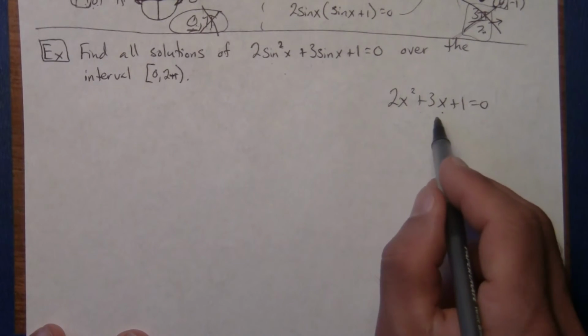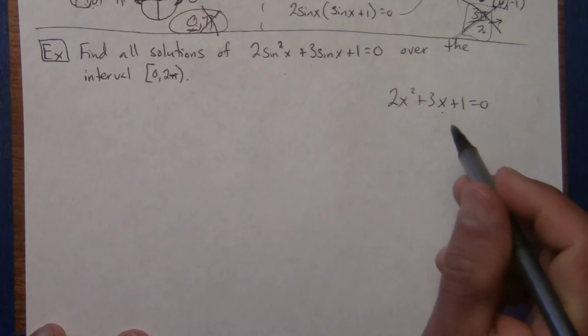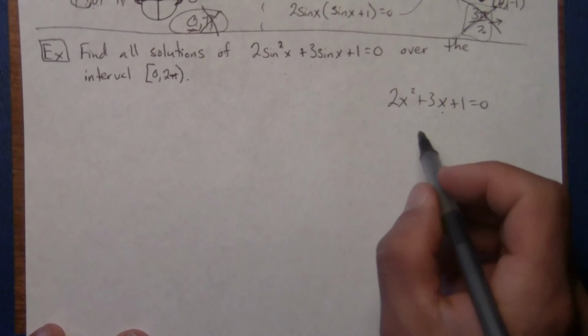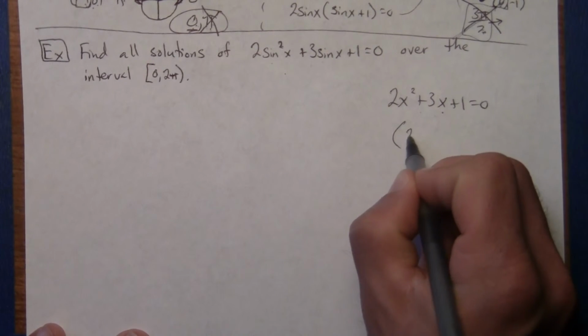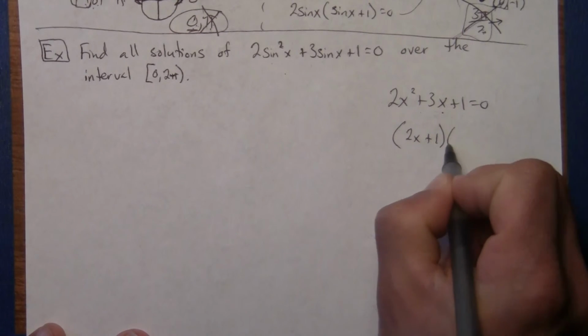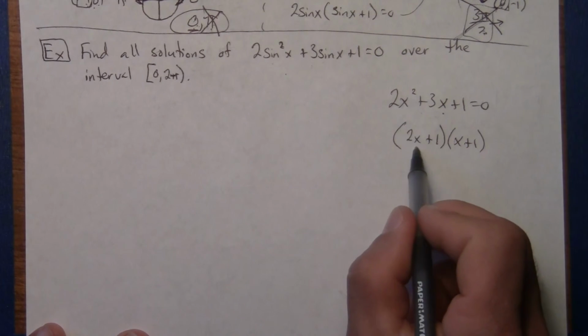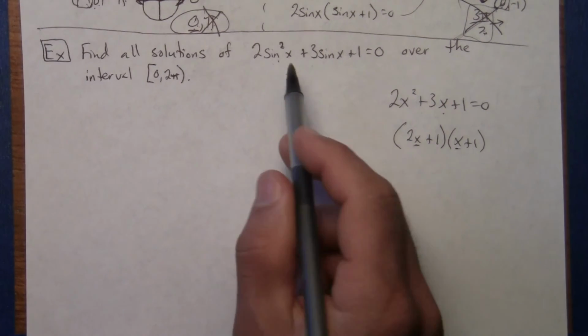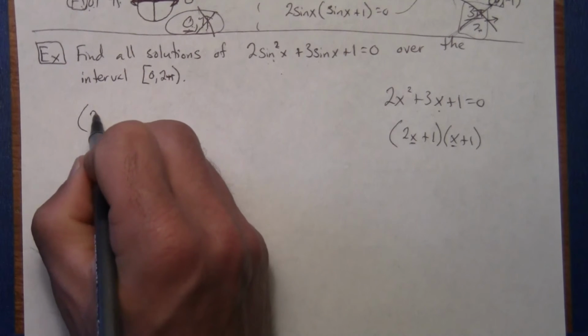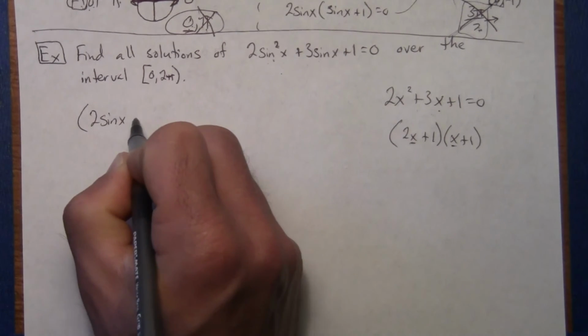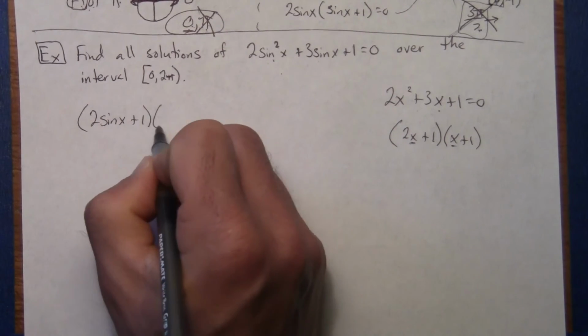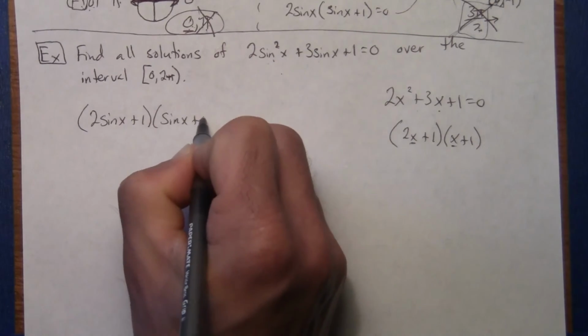So if I think about playing around with trying to factor that, I can mess around, and I can eventually find out that it factors into 2x plus 1 and x plus 1. And now I can say, well, it's not actually x, it's actually sine x. So this is really going to factor into 2 sine x plus 1 and sine x plus 1.